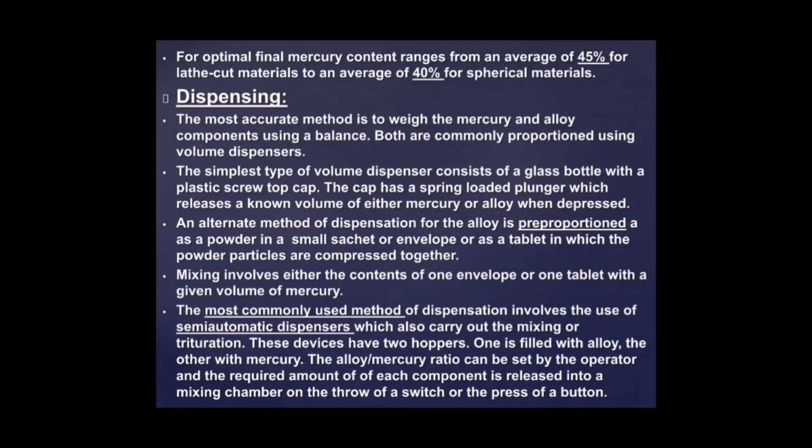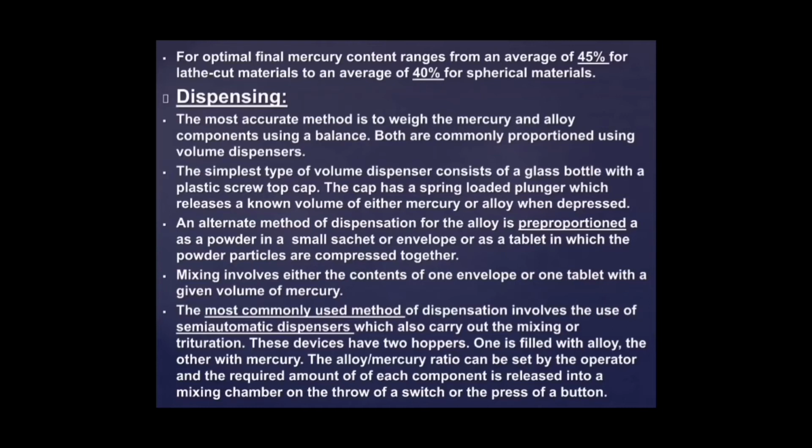The cap has a spring-loaded plunger which releases a known volume of either mercury or alloy when dispensed. An alternative method of dispensation for the alloys is pre-proportioned powder particles which are compressed together into tablets. Mixing involves either the contents of one envelope or one tablet with a given volume of mercury.